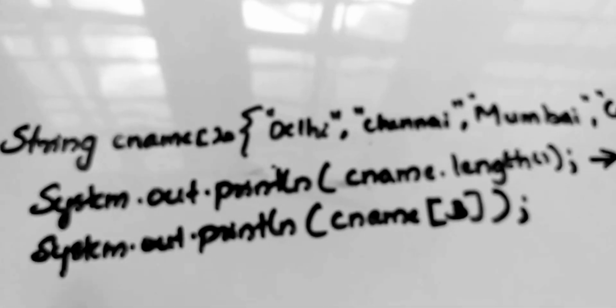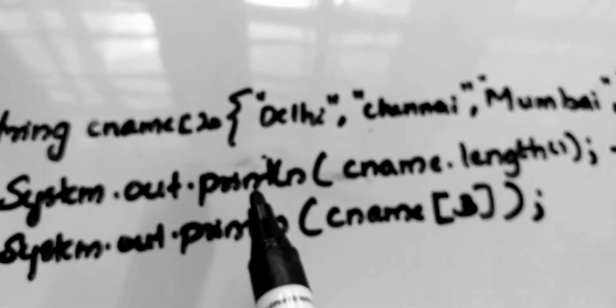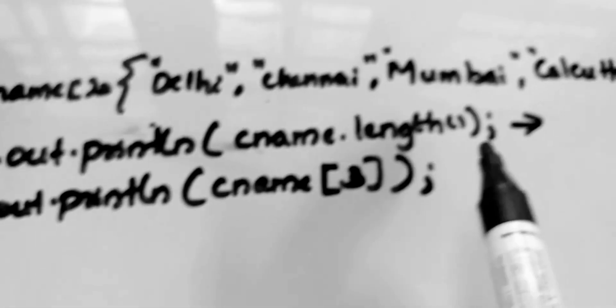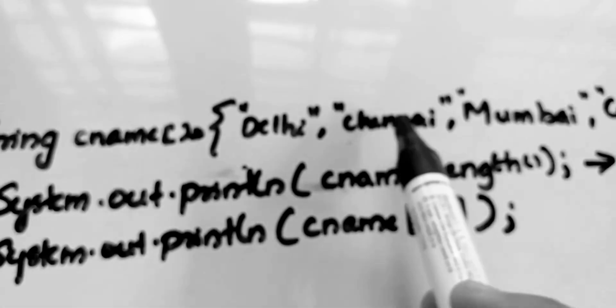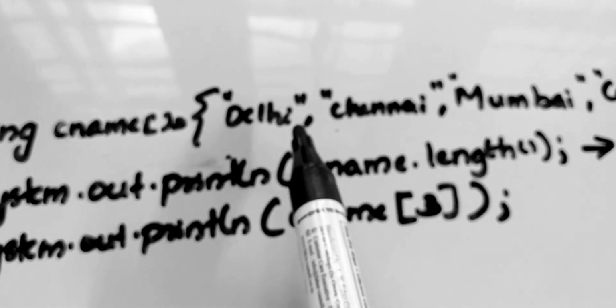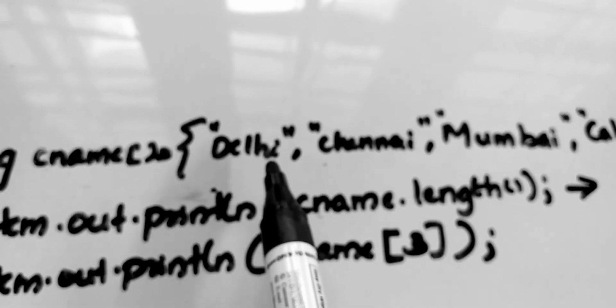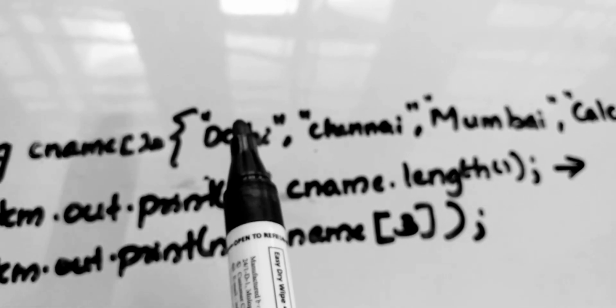So this is the first question. What is the output of these two statements? System.out.println of CNAME.length. What is the length of this array CNAME? Length of the array means the number of elements we stored in that array.